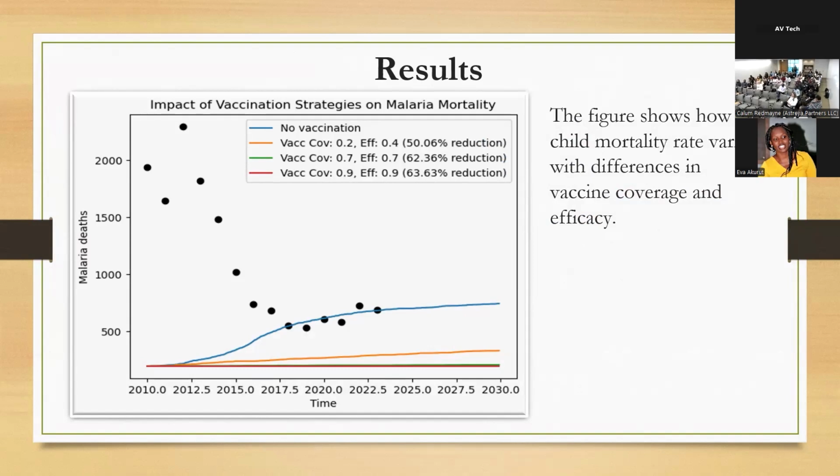If we increase the coverage further, we'll have more reduction of about 12%, which is very big in terms of mortality due to malaria, child mortality. Then if we increase it further to 20%, there's really negligible difference in the reduction of malaria mortality.